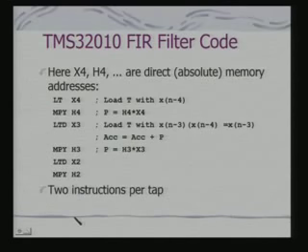So, let us look at a filter code for this processor. Let us consider X4 and H4 are direct absolute memory addresses, and what we are showing here is that I am loading the T register, which we have already seen, with a particular sample. I am multiplying with H4, which already has a filter coefficient from the coefficient vector.